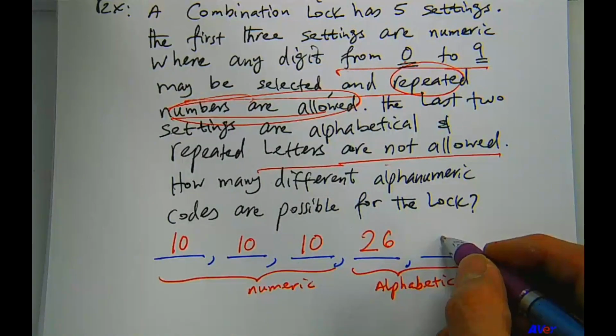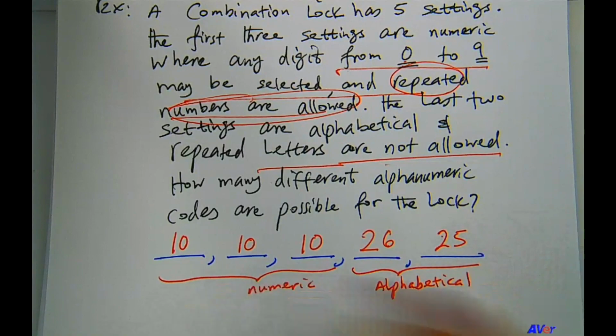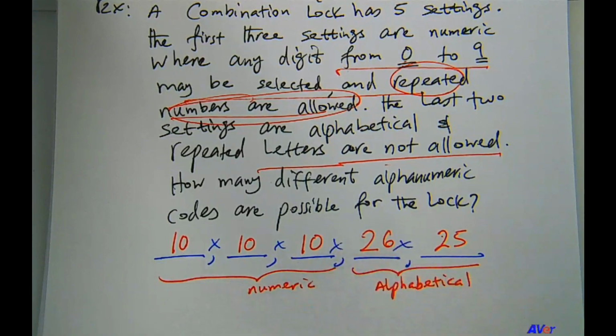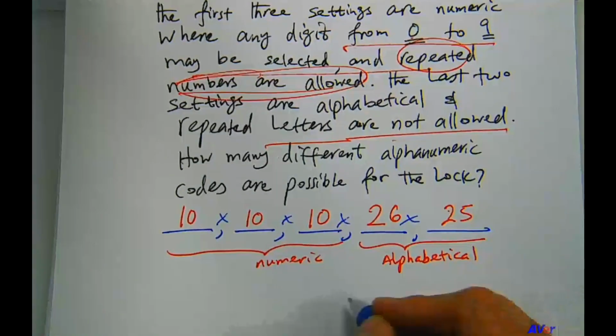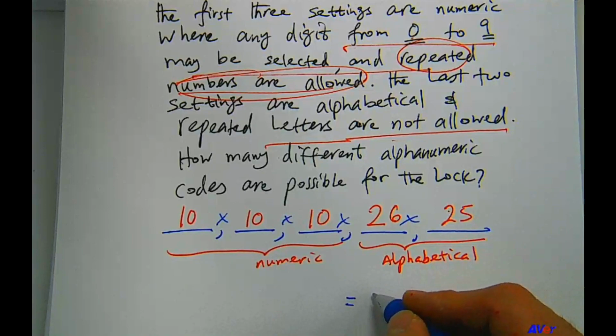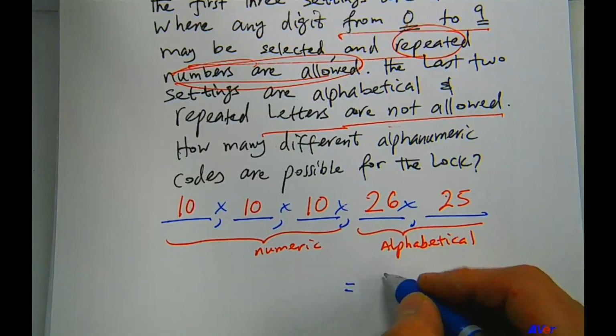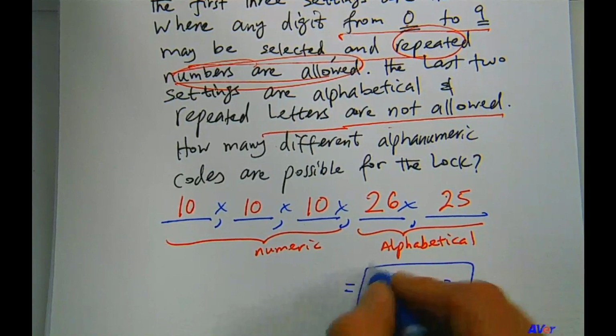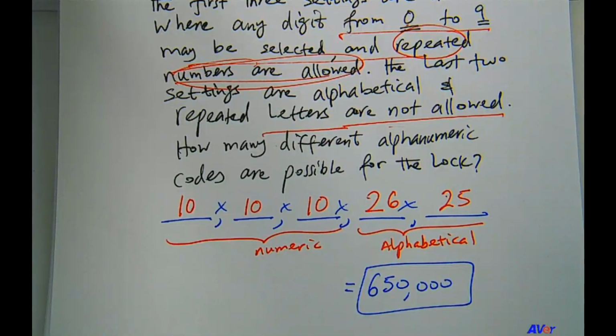So how many choices do I have here? 25. That's how we figure out how many options we have for each choice. And by the multiplication principle, we multiply those, and we get 650,000 possible settings for this combination lock.